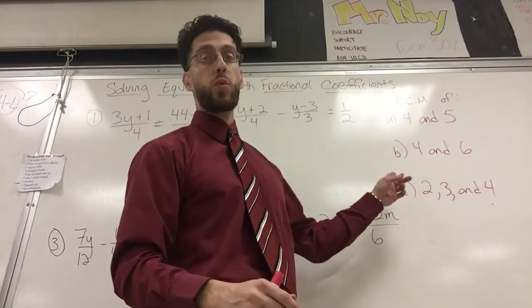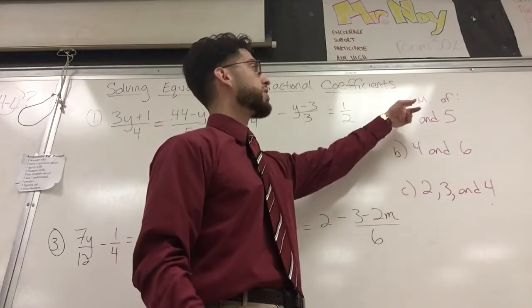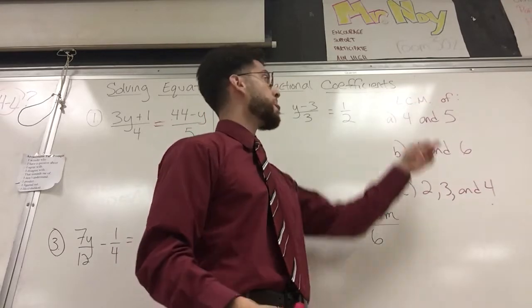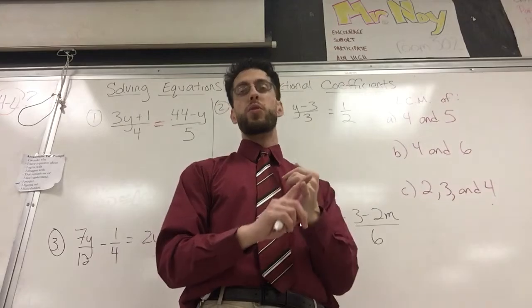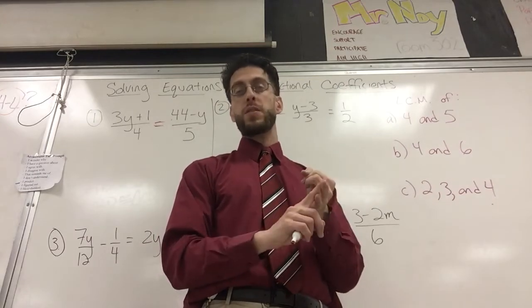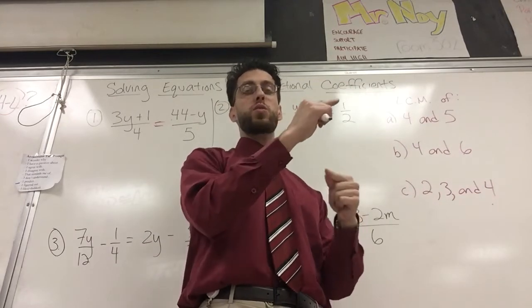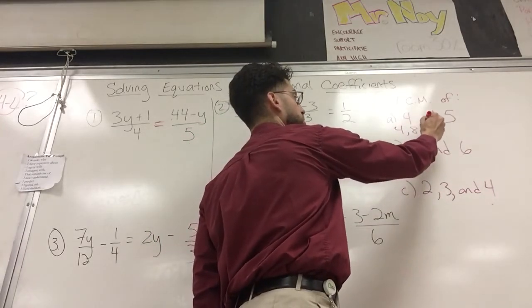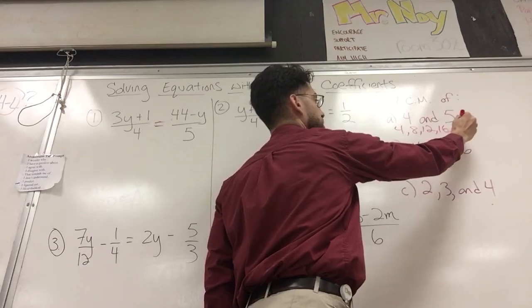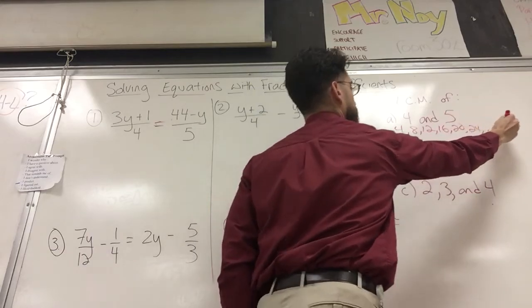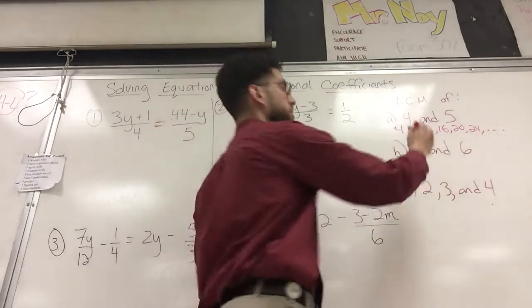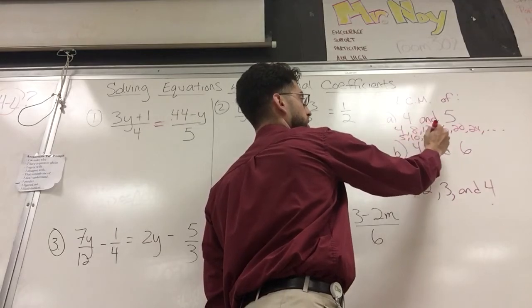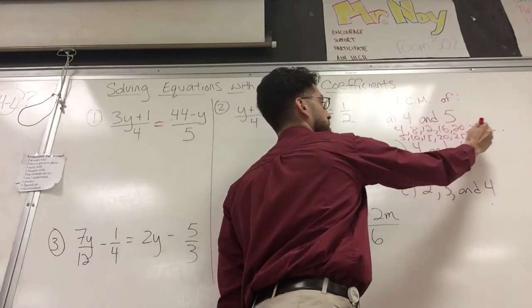So real quick, here's a little warm-up before we even start the problem. LCM, least common multiple. What is the LCM of 4 and 5? Count by 4s, count by 5s. What did you get to that they both have in common? So if I'm doing 4, 8, 12, 16, 20, 24, blah, blah, blah, right? Now I'm going to count by 5s. Everybody's a professional at that. 5, 10, 15, 20, 25, blah, blah, blah.